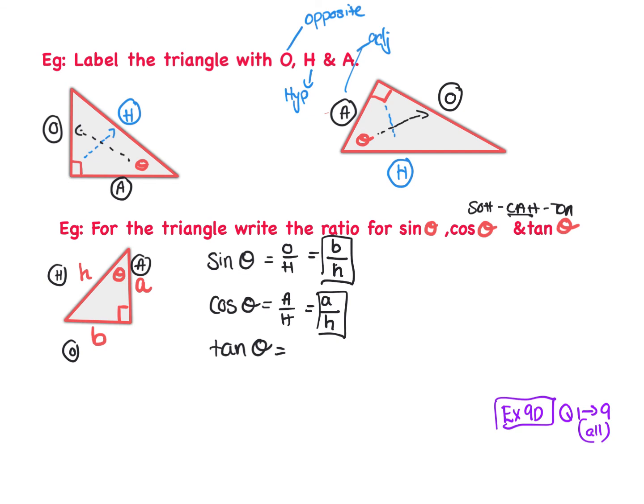Tan's formula is TOA, which means O over A. What's in my O spot is a B, and in my adjacent spot is a little a. So that would be the final answer. You might want to write in your notes here, they're the ratios, just so you remember if you get asked the question, what's the ratio? That's them.